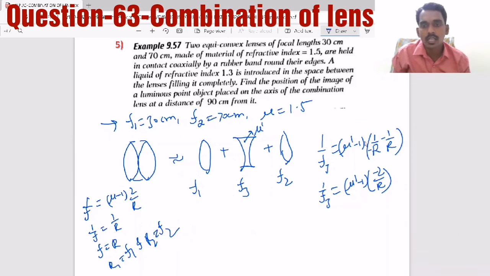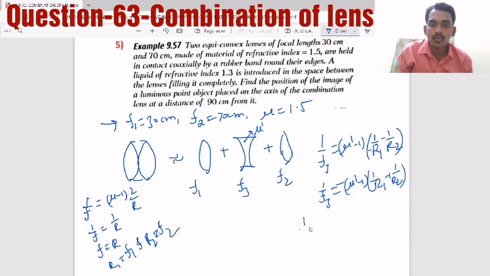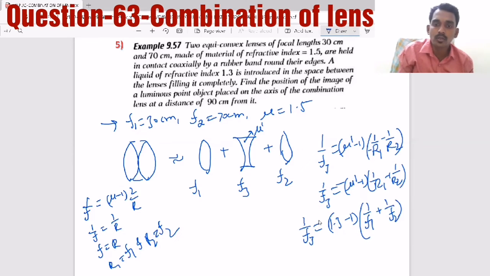So the curvature on both sides is not the same, so you have to take r1 and r2 separately. Then the equation will become like this. See here, the minus will come out. So 1 by r1 plus 1 by r2, where 1 by f3 will become (mu dash is 1.3 minus 1) times 1 by r1, which means 1 by f1, plus 1 by f2, but one minus is there.